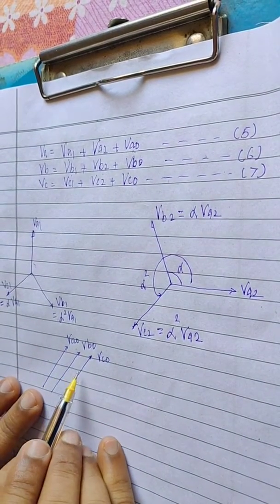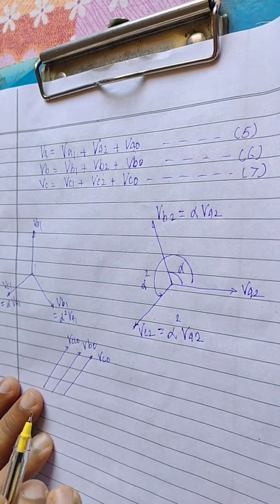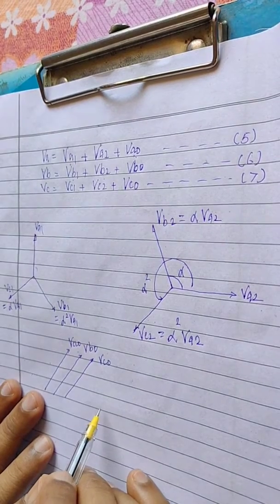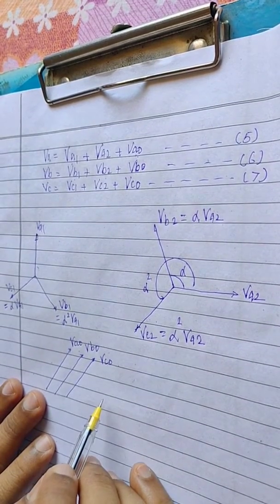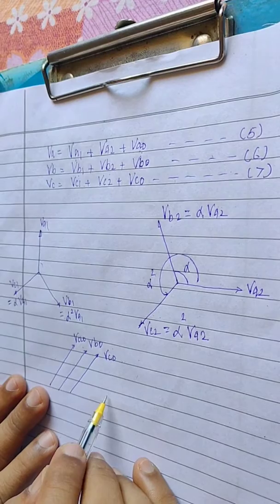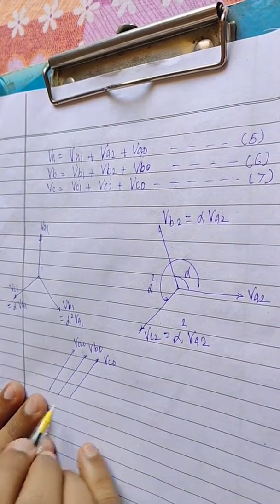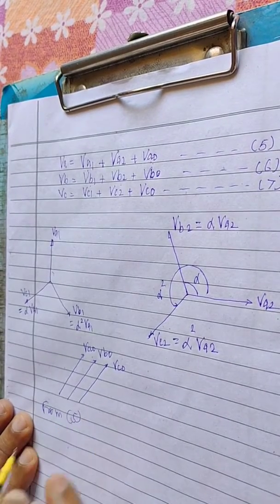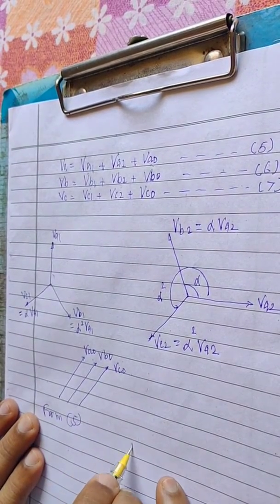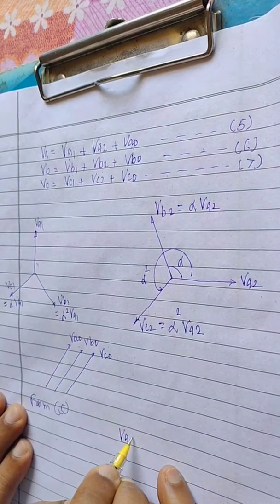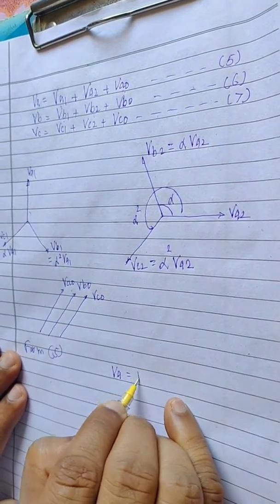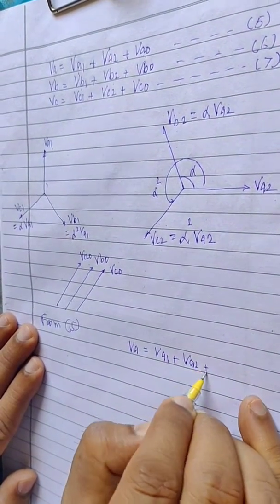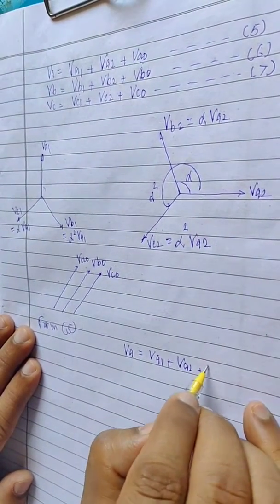This is the set of zero sequence components. So from equation 5, we can write it in terms of alpha, VA is equal to VA1 plus VA2 plus VA0.